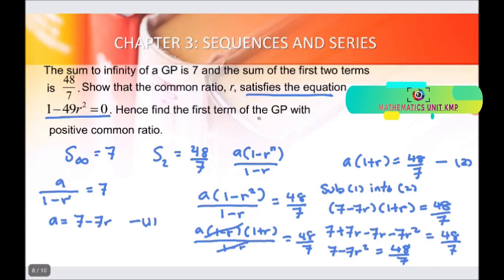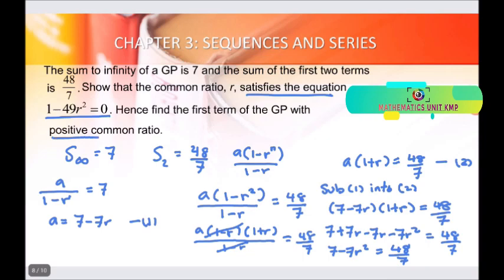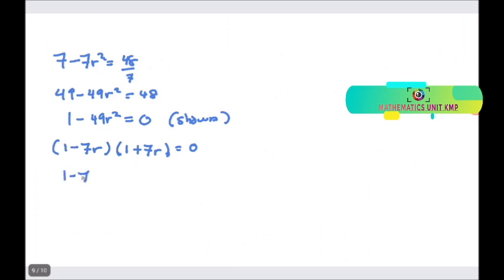Next, find the first term of the geometric progression with positive common ratio. From the equation 1 minus 49r squared equal to 0, we can factorize the quadratic and we will get 1 minus 7r and 1 plus 7r equal to 0. So we want to use the positive common ratio, and we use 1 minus 7r equal to 0.